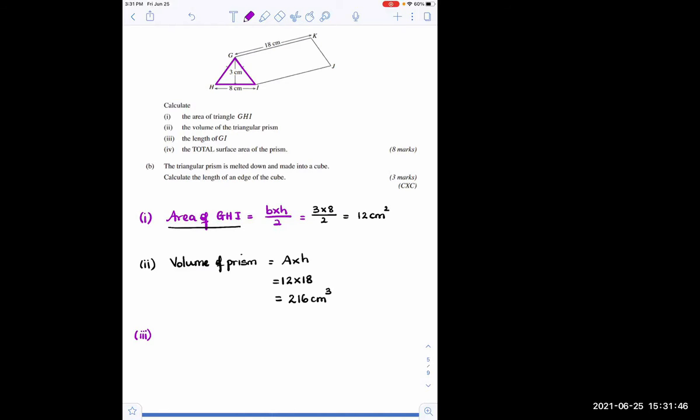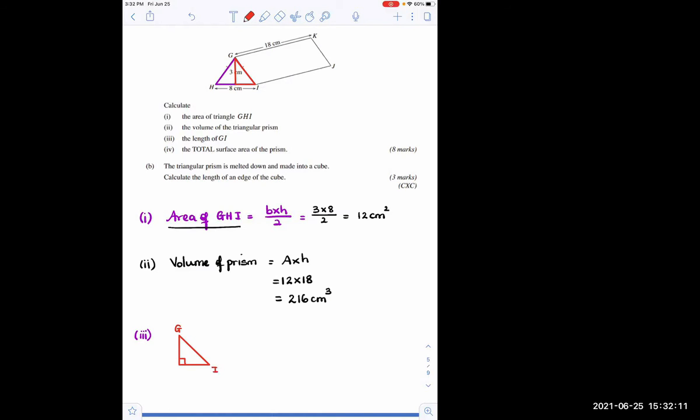Now, the length GI. I'm going to draw this triangle here, in red, because I want to find GI. This is a right-angled triangle, and we use Pythagoras' theorem to find the missing lengths of a right-angled triangle.